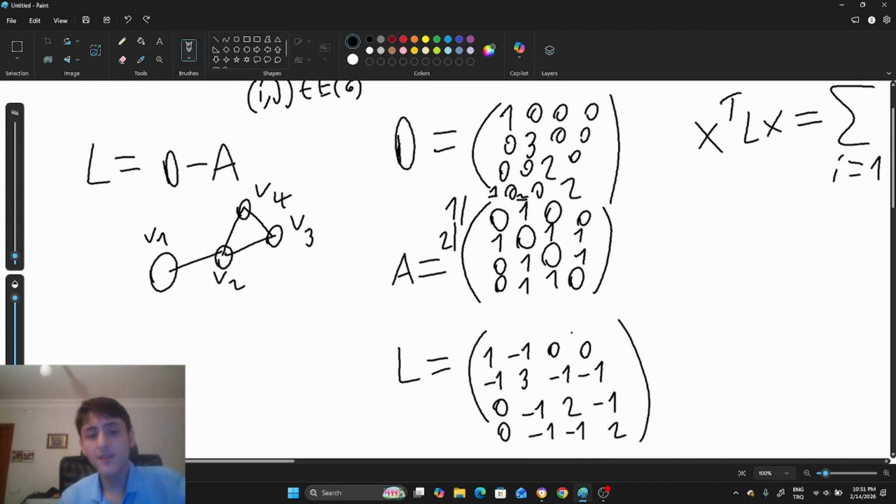You see, the degree matrix. So, for example, let's go from the second row. In the degree matrix, in the second row and second column, we have 3, indicating that vertex 2 has 3 edges, right? Cool.